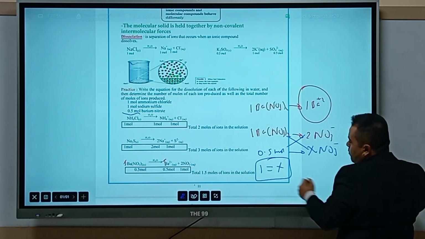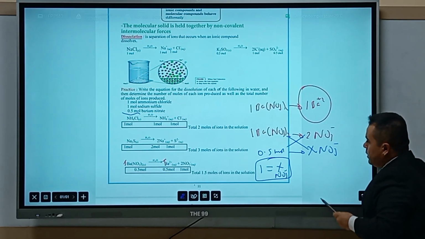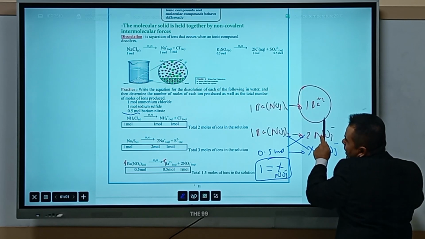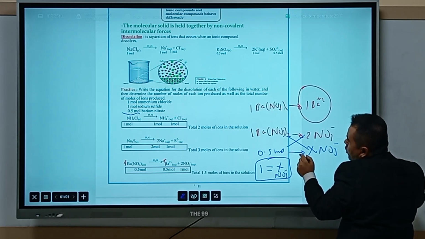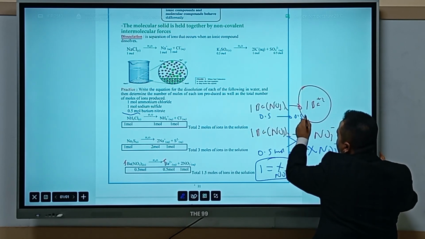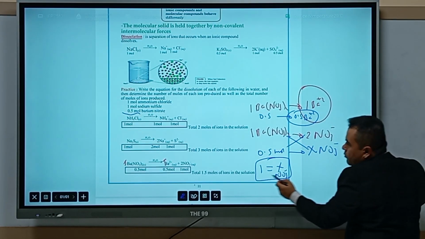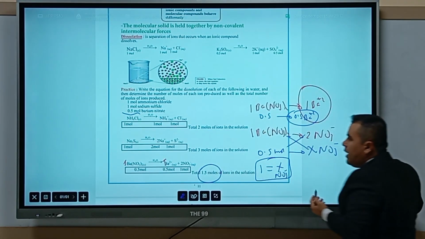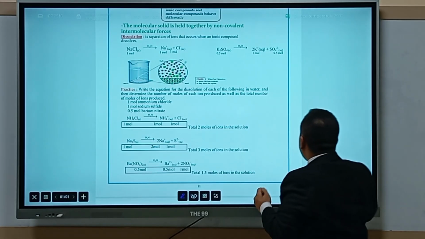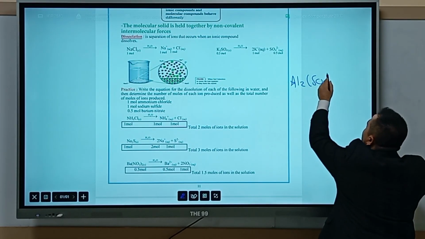So this is the moles of the nitrate ions: 1 mole of the anion, and 0.5 mole of the Ba as well. So 0.5 plus 1, the total moles of ions is 1.5 moles of ions. Let me solve one more example for you, guys. For example, Al2(SO4)3.